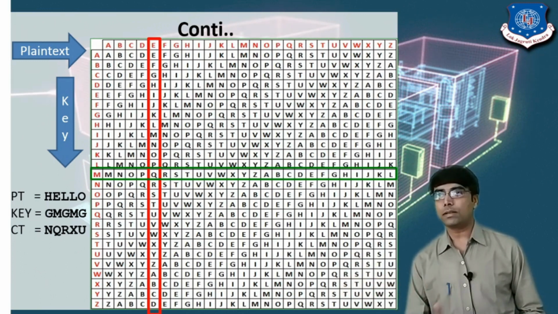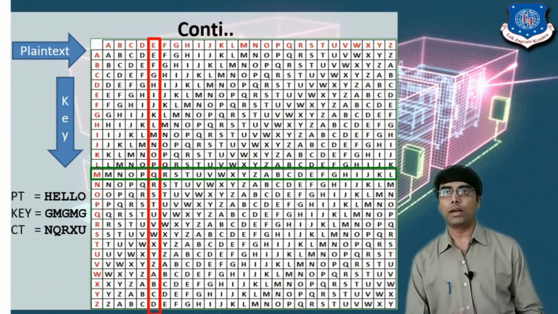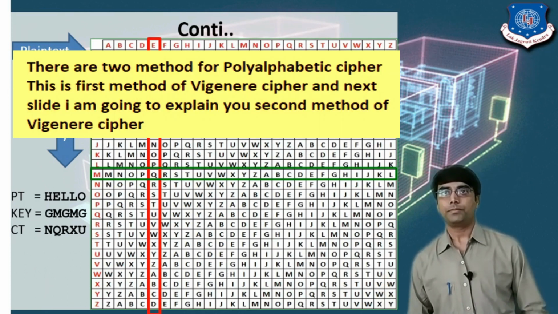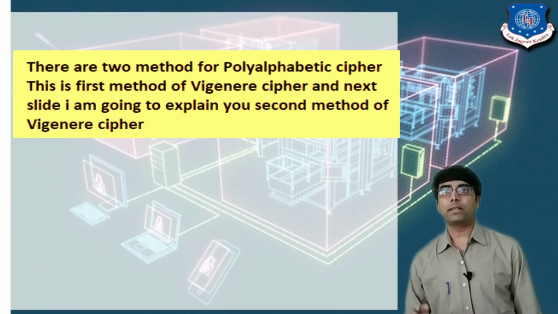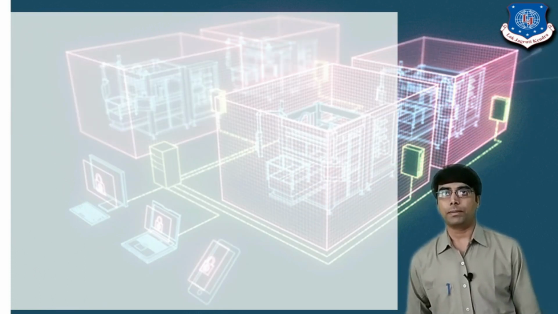We repeat this until the final character is converted into the cipher text block. So this is the method of a polyalphabetic cipher.